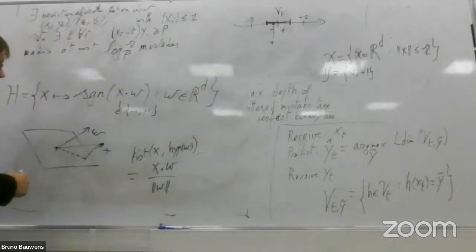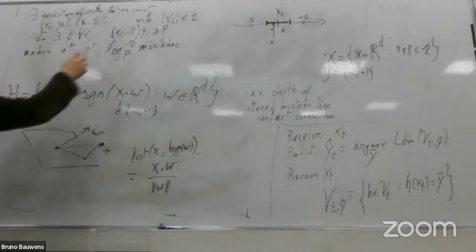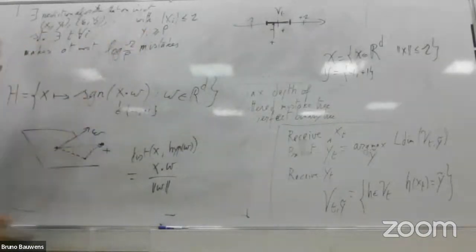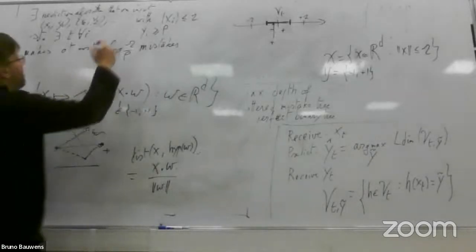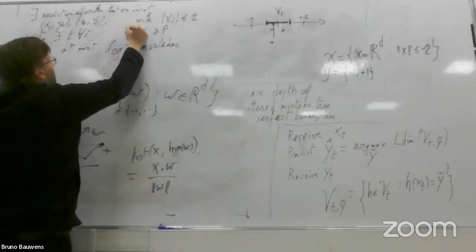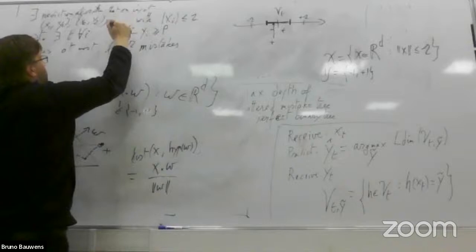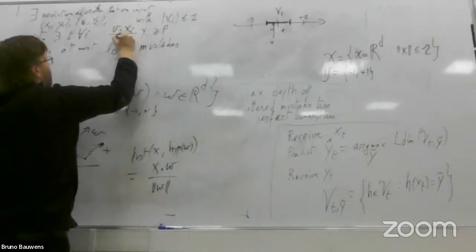So what I'm saying is that here we replace the condition by the following. We require that w divided by the norm. I will use w in the algorithm, so let's change the letter here.